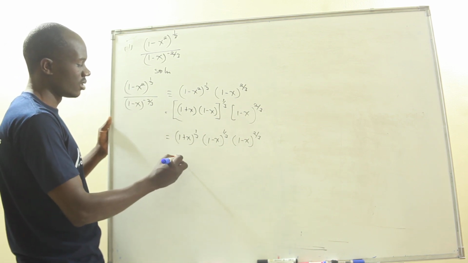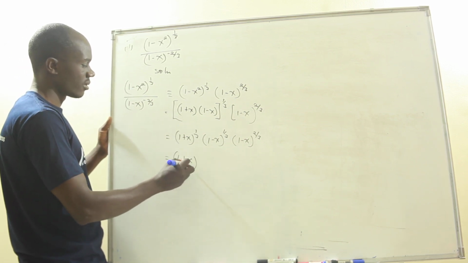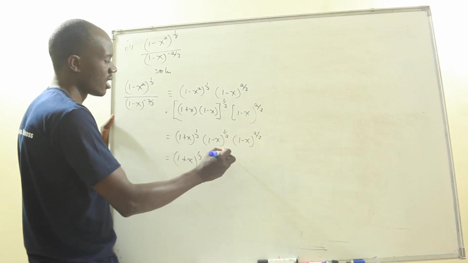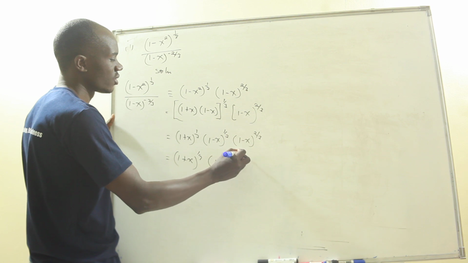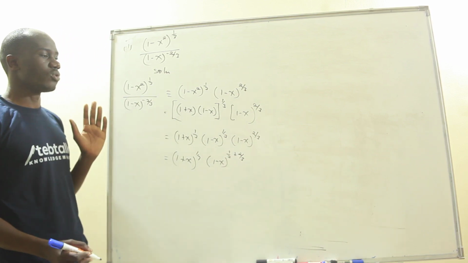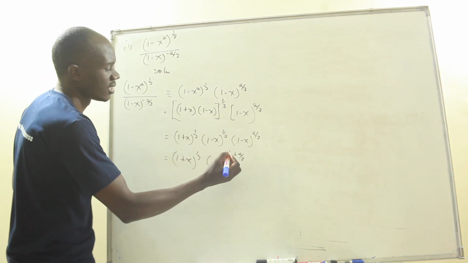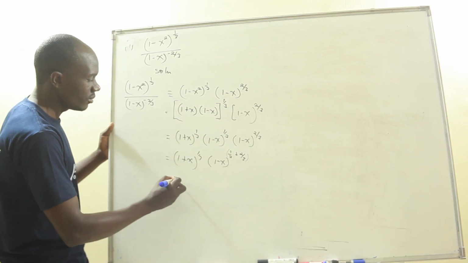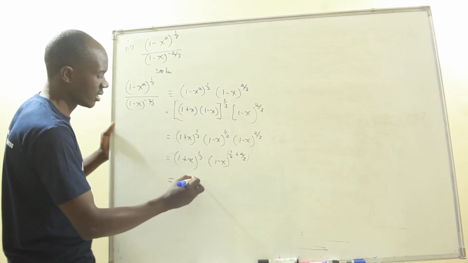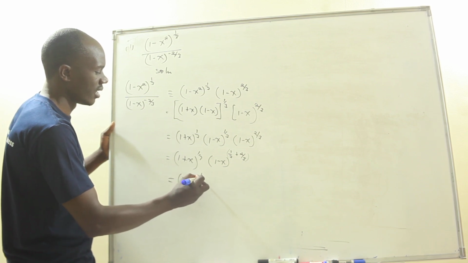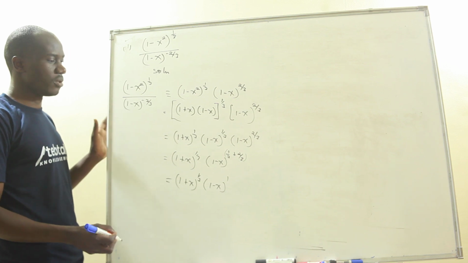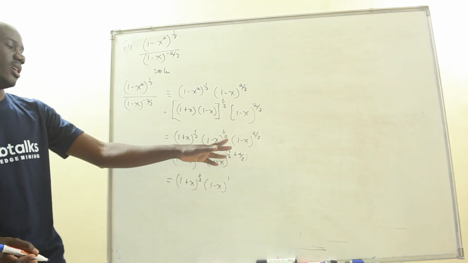So this is the same as (1 plus x) power a third into (1 minus x) power a third plus 2 over 3. Because these numbers have the same base, that's why we are adding the powers. So this is the same as (1 plus x) power a third into (1 minus x) power 1, because a third plus 2 thirds gives 1.